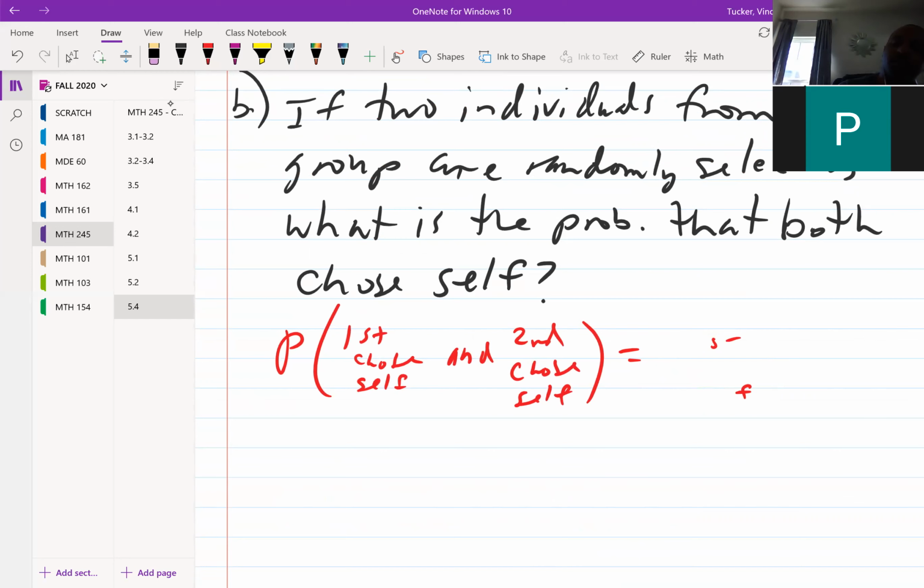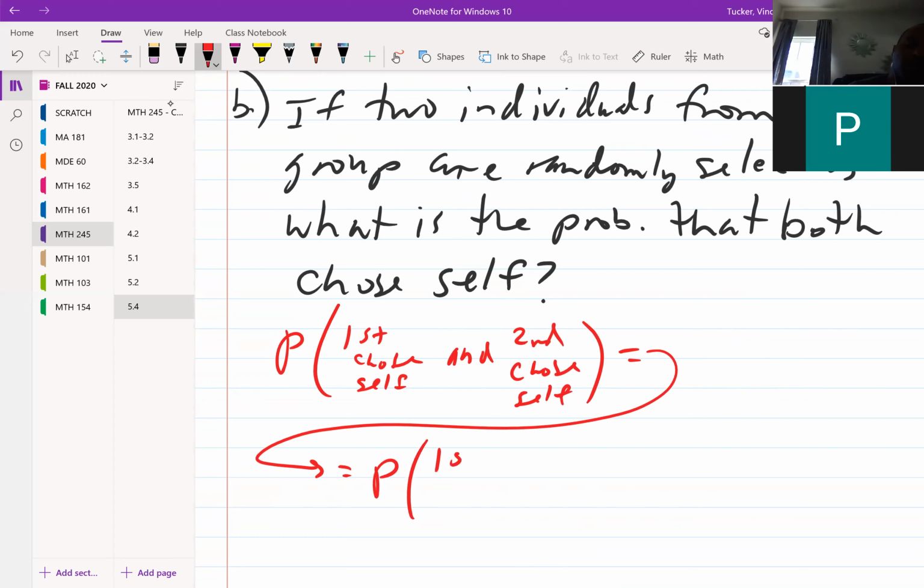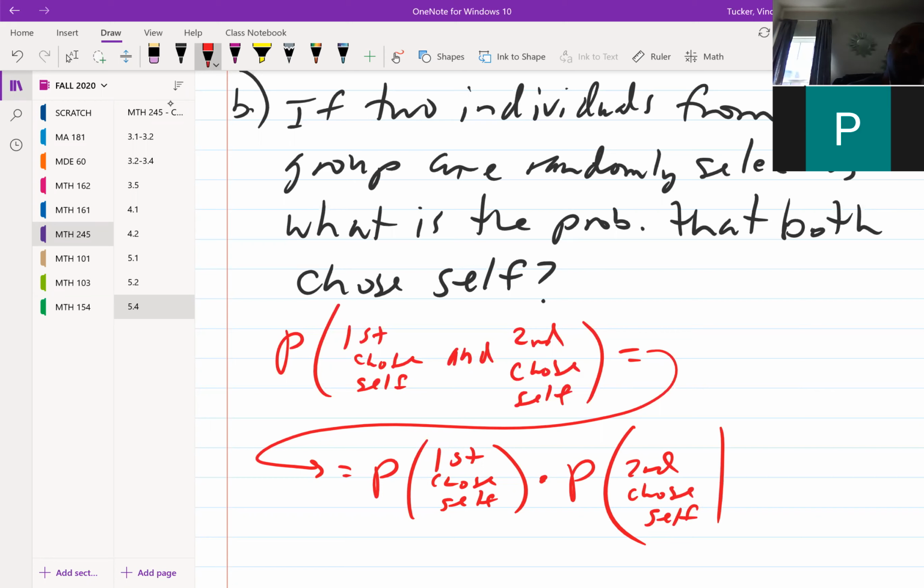All right, I'm going to bring it down here though. So what we're going to do here is the probability that the first person chose self. Then we're going to multiply that times the probability of the second person chose self, given the first person chose self.